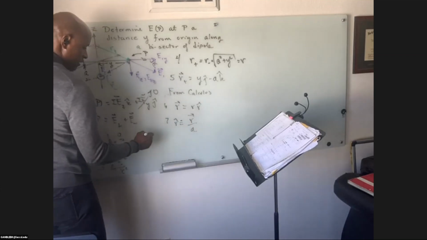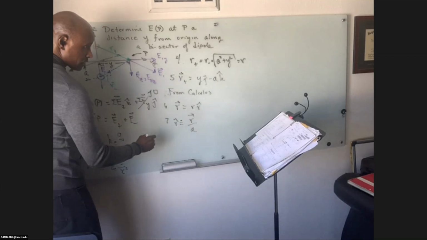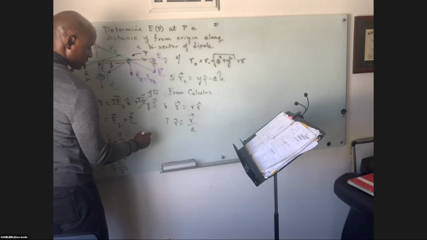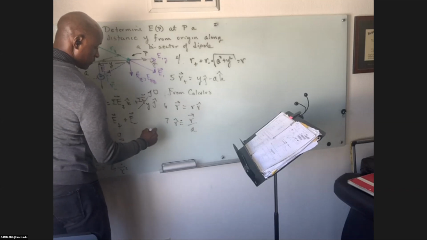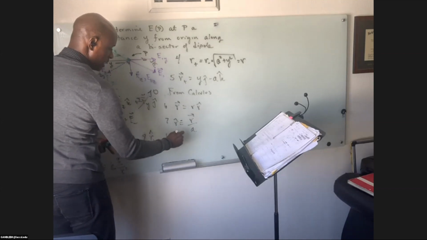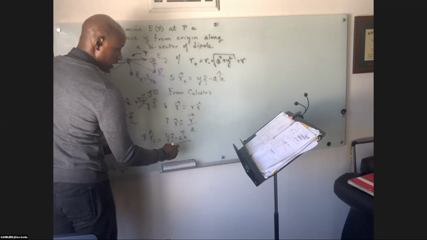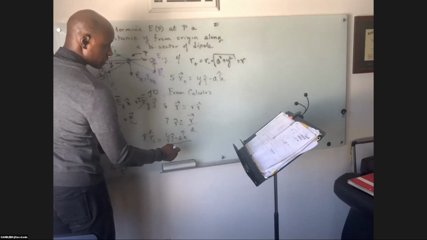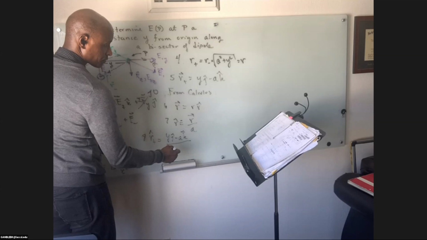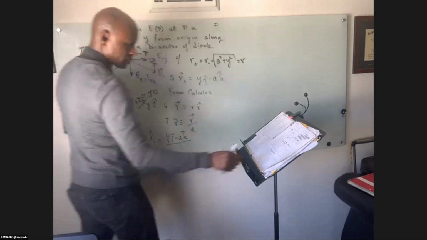In general, the r plus unit vector is equal to y j hat minus a k hat divided by r.